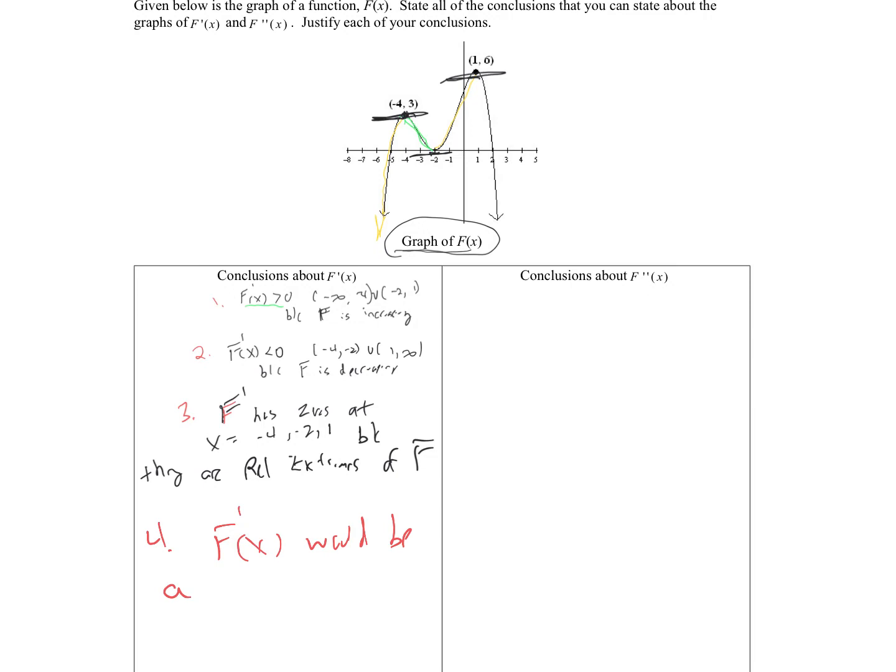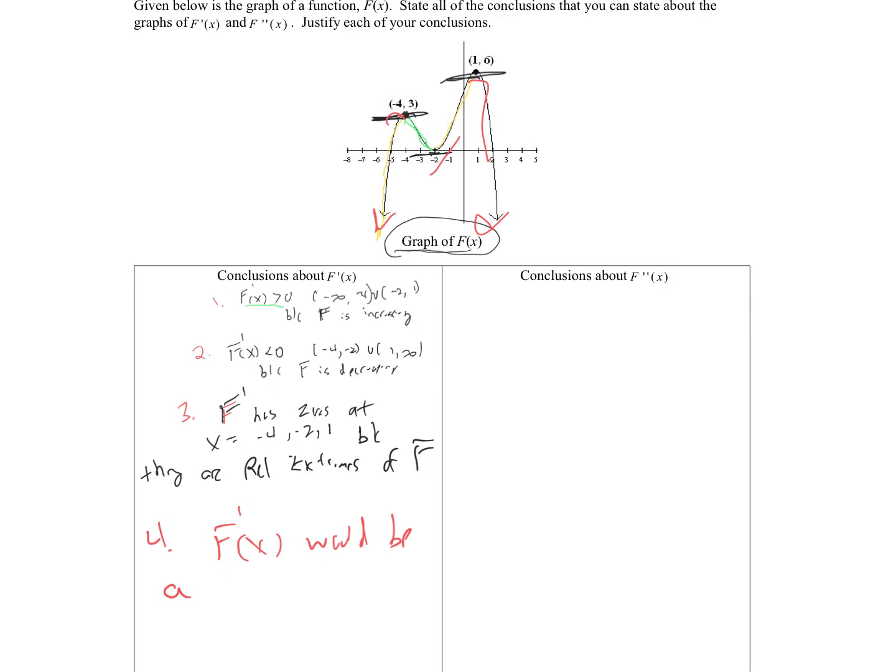Well, f prime of x is what? It's got 1, 2, 3 turns, opens down forever. It's a quartic. Shouldn't say would be, it really is. It's a quartic. Wait, that's not f prime, that's f.